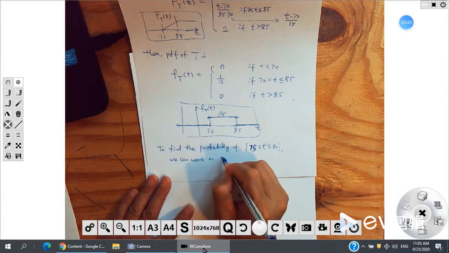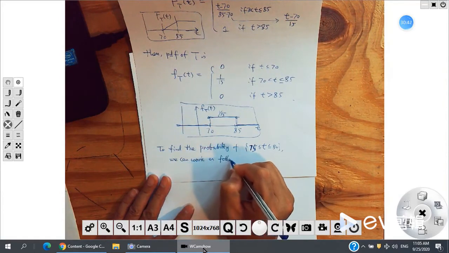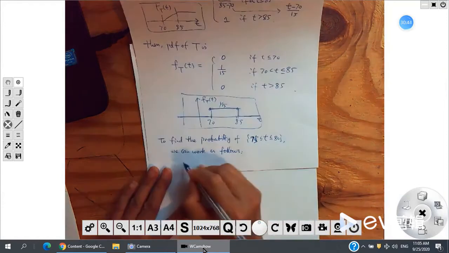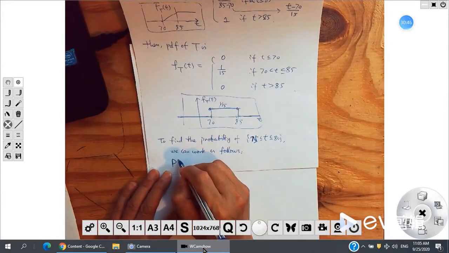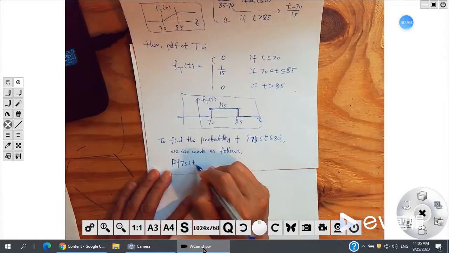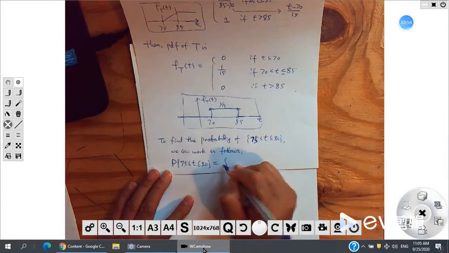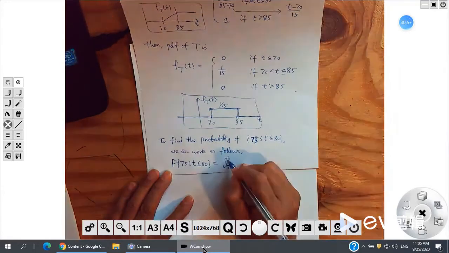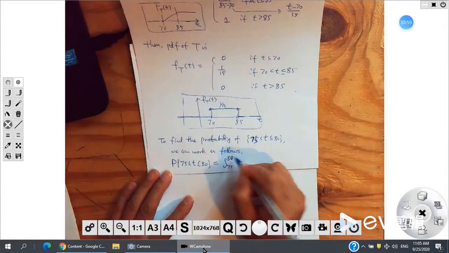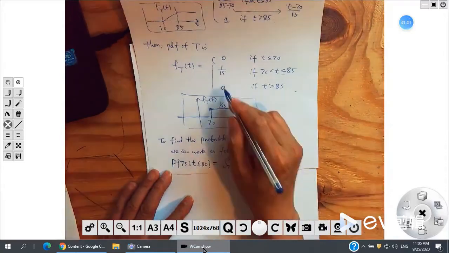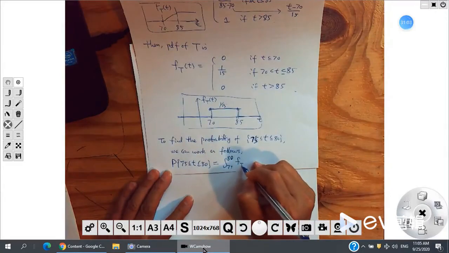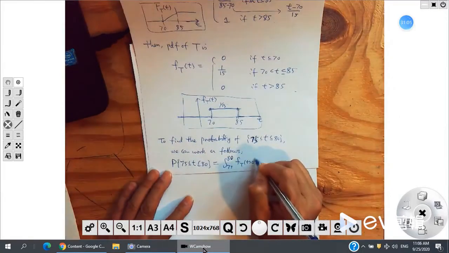As follows. Probability of 75 smaller than t, smaller than 80, will be the integration from 75 to 80 of the density function, dt.